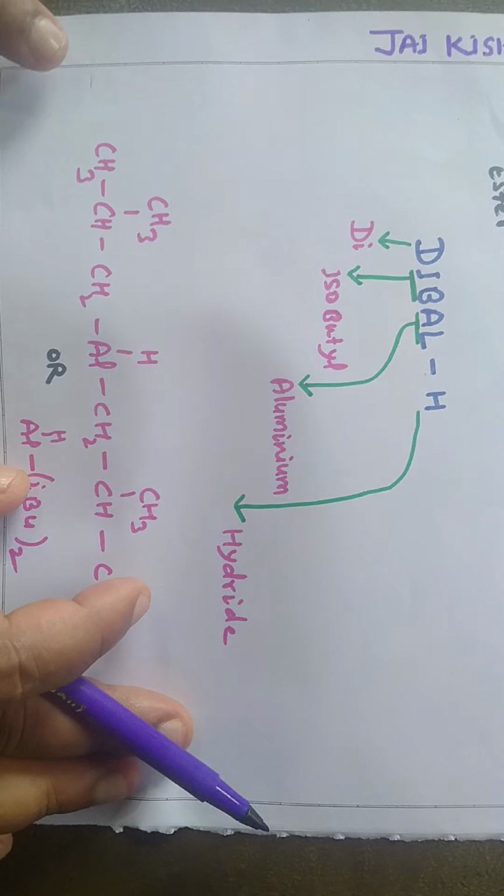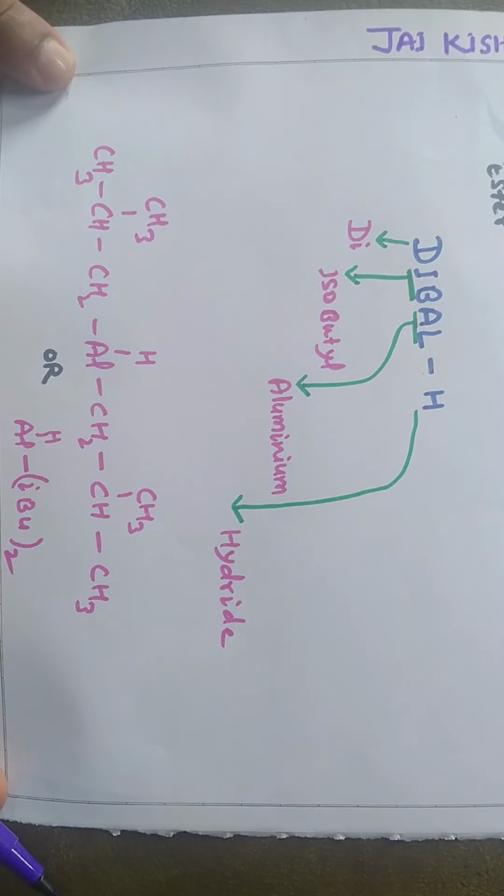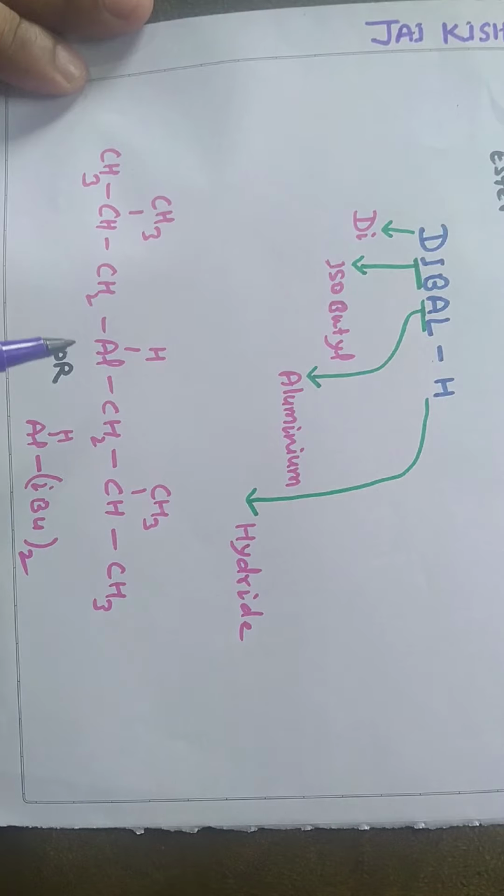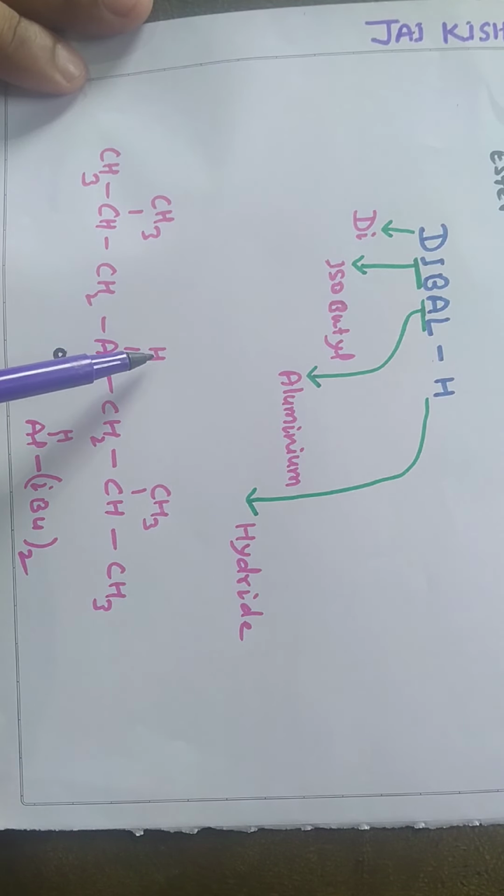Now let us see the structure of DIBAL-H. Here you will see that this one is an isobutyl group and this one is an isobutyl group. So there are two isobutyl groups attached with aluminum, and the aluminum is attached with hydrogen.